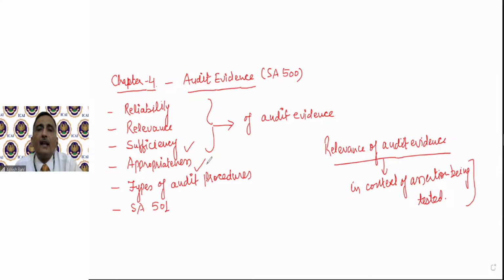So all debit notes issued by the company, all credit notes issued by the company, these are all internal audit evidence. So students, you get the basic meaning of relevance, reliability, sufficiency, and appropriateness. Now we go to your module to see in detail what is written there.